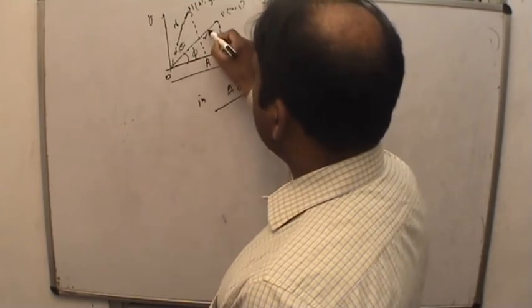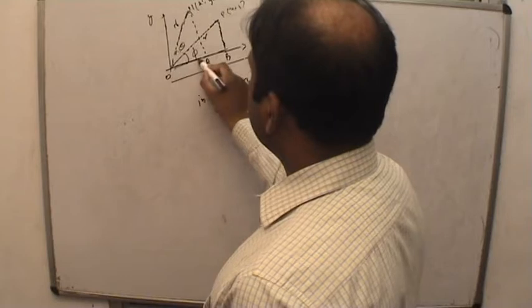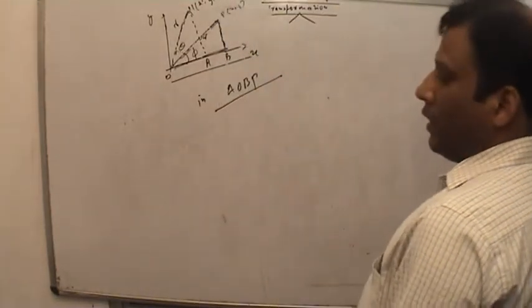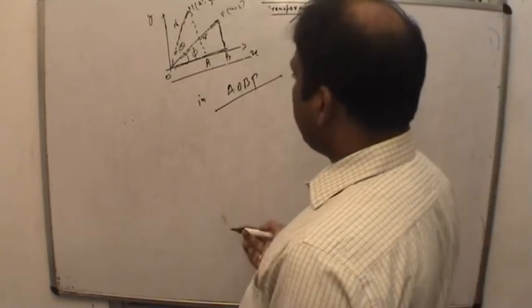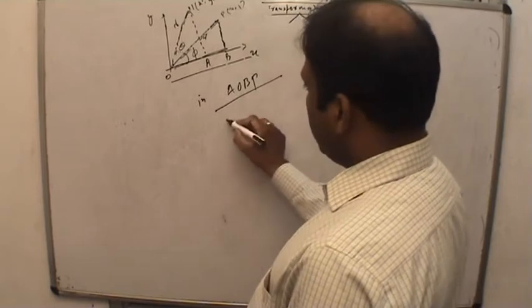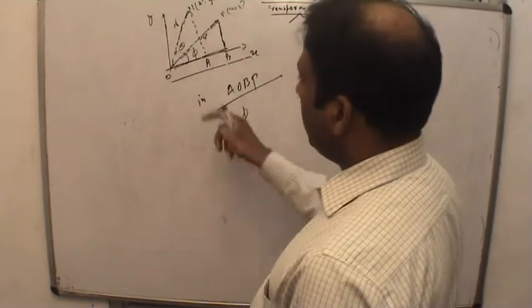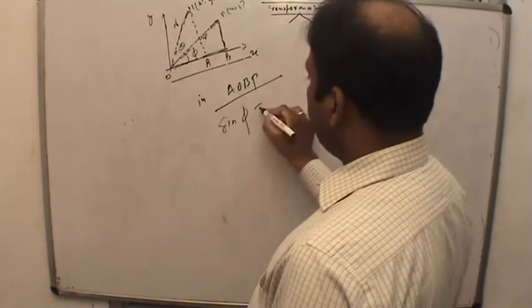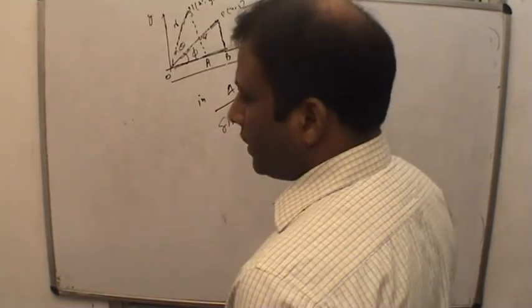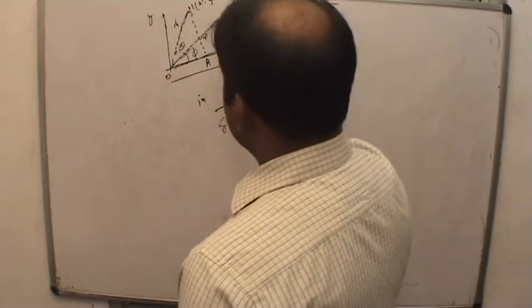We have discussed this triangle. In triangle OBP, we have to apply the trigonometric equations. Sine phi: we have the angle phi. When we apply sine phi, we know that this is y by r. That means we have the value y.